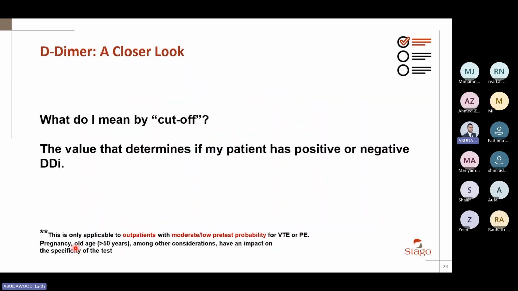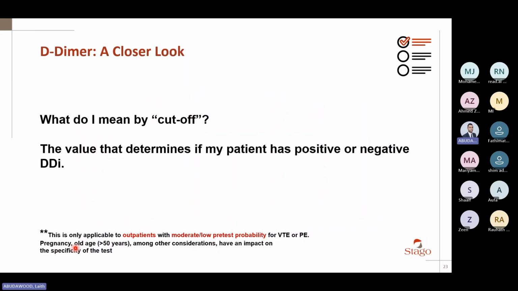All right? Now, this cutoff that I keep mentioning, what do I mean by that exactly? Again, it's a very simple concept. I'm sure you are very familiar with it since you are doing D-dimer testing on almost routine basis. Cutoff is simply the value that I say more than this value. If the D-dimer result is more than this value, the patient is D-dimer positive.